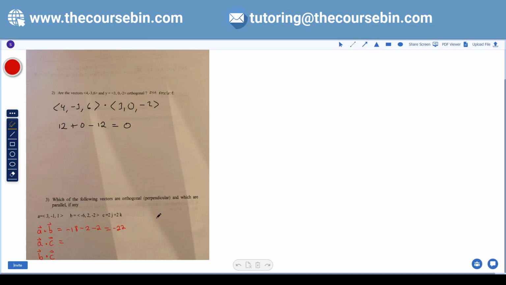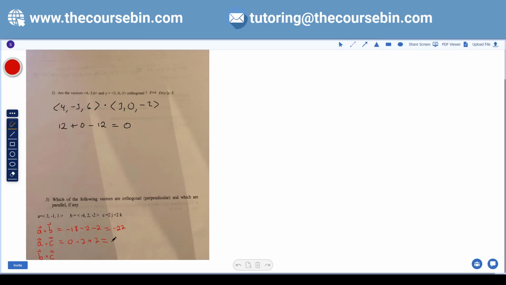Okay. Oh, so for AC it would be 0. C's I component is 0, so 3 times 0 gives 0. Then we got minus 1 times 2 gives minus 2, and then 2 times 1 gives plus 2.